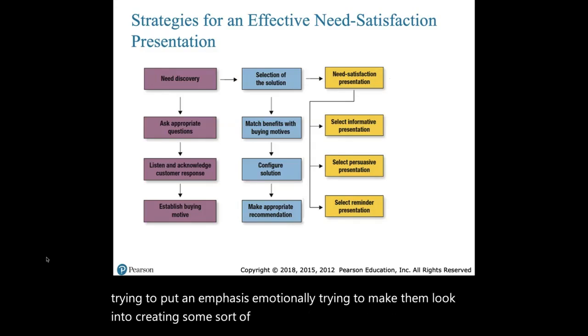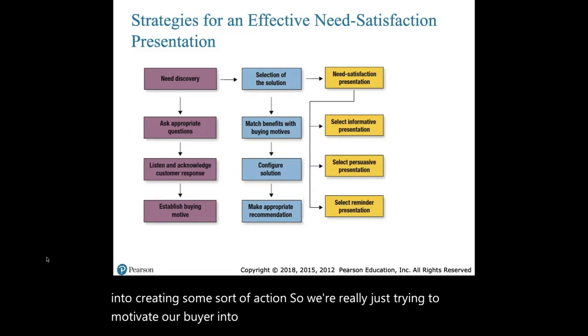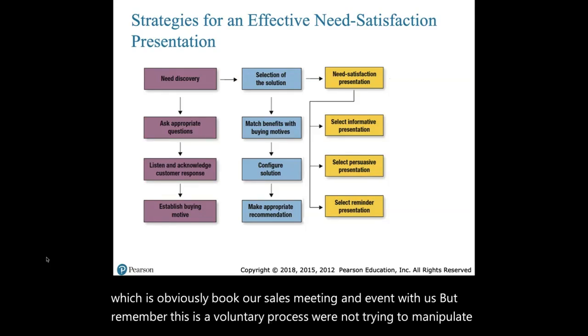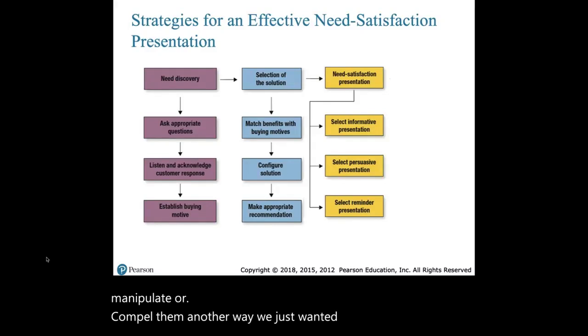So we're really just trying to motivate our buyer into doing something that they would like to do, which is obviously book our sales meeting and event with us. But remember, this is a voluntary process. We're not trying to manipulate or compel them in any way. We just want to shift their perspective.